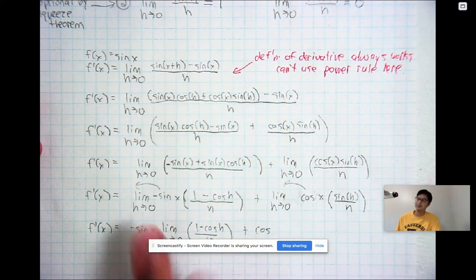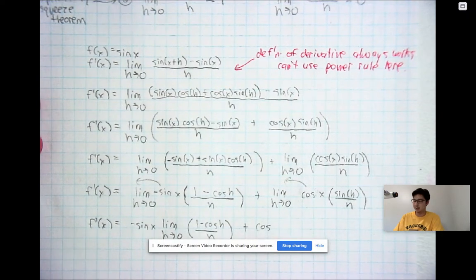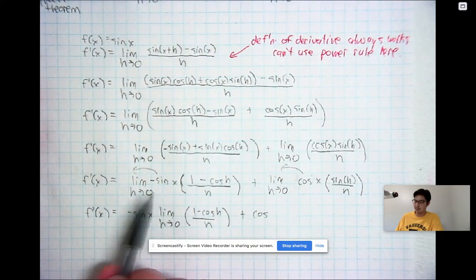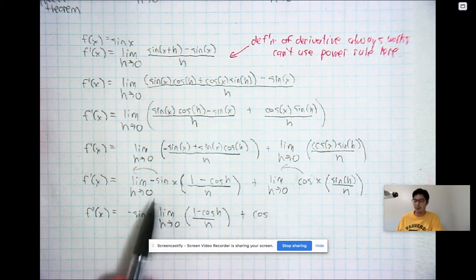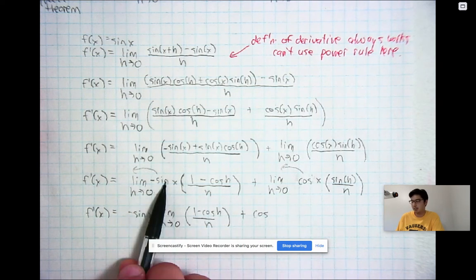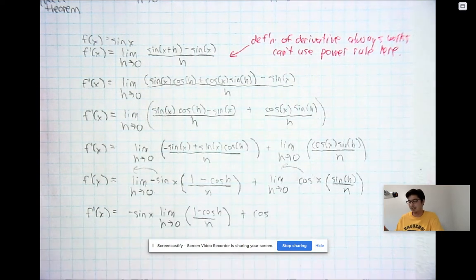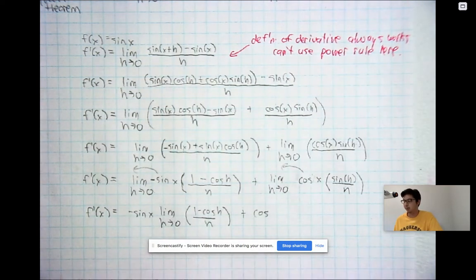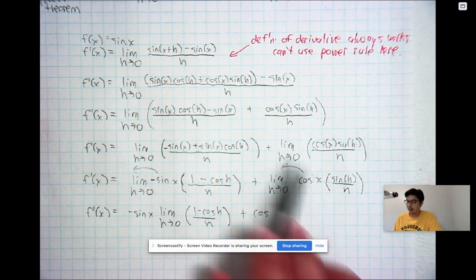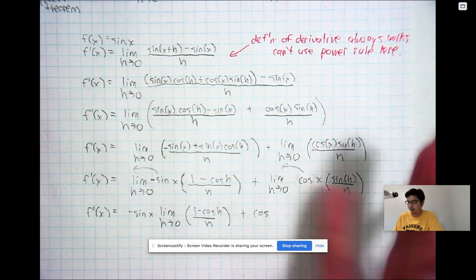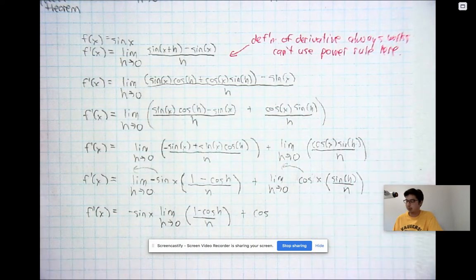Let me rephrase this, to make sure you understand. When we're doing the limit as h approaches 0, the sine of x and cosine of x have no effect because h is not part of them, so we can factor them out because these are multiplying. Just be careful, because if it's addition, it doesn't quite work the same way because they're grouped together. Multiplying in the beginning will be the same as multiplying at the end.